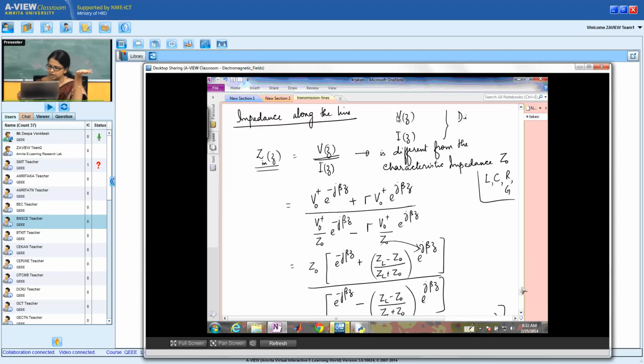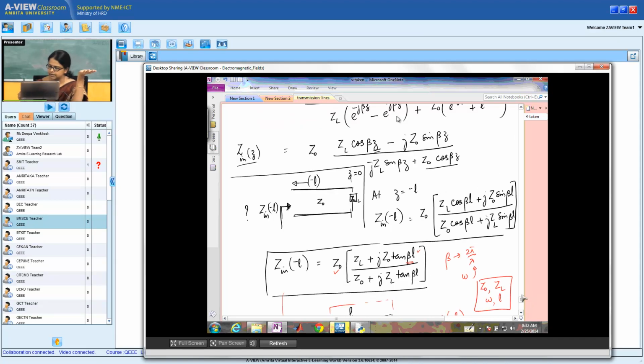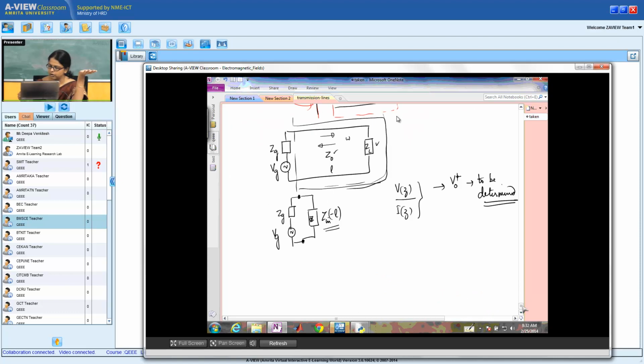We had brought it down to a single variable problem, and this impedance is now going to help me solve what is V0 plus, because if I is the current through the line, I can say that input voltage is I times Zin, and this current is, it's a simple series circuit, so this current is Vg divided by Zg plus Zin at minus L.